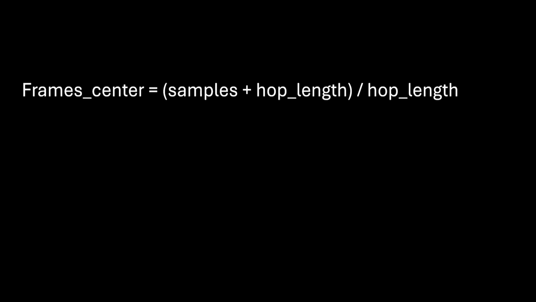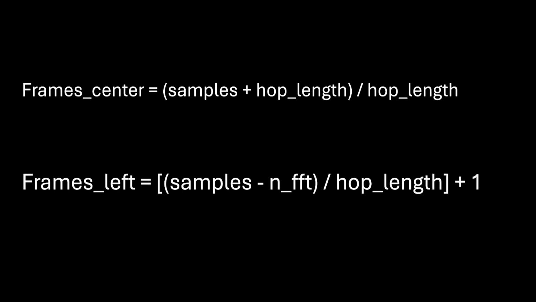So in my case, it's going to be 16,400 divided by 400, which gives me 41 frames. And ironically, when you're looking for the number of frames that you get after applying a Mel spectrogram, you typically find the equation for the left alignment method. But as I said, the one that's used the most and the default one is center alignment.